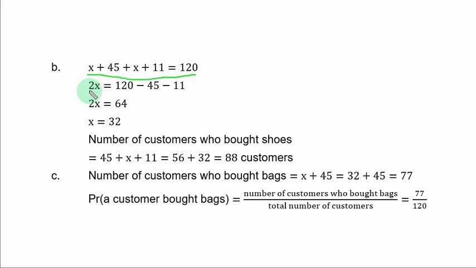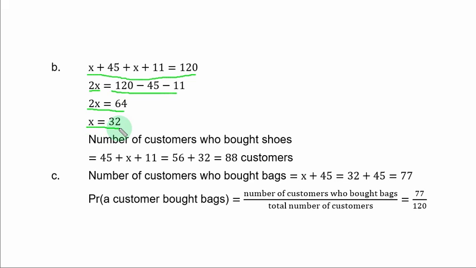S plus S is 2S. You transfer plus 45 plus 11 to the right hand side, and you have 120 minus 45 minus 11. That is 2S equal to 64. Divide through by 2. S is equal to 32.